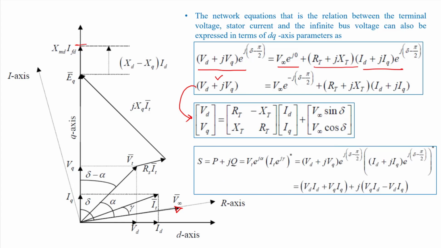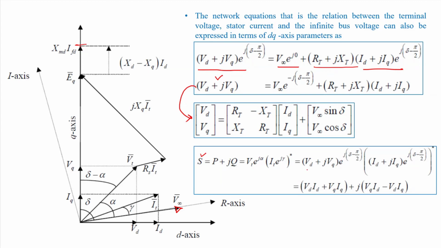Now, if we write the complex power equation in terms of dq axis parameters, how will I represent it? I know the complex power is P plus jQ, which is equal to Vt e to the power j alpha times It e to the power j gamma, conjugate, right?